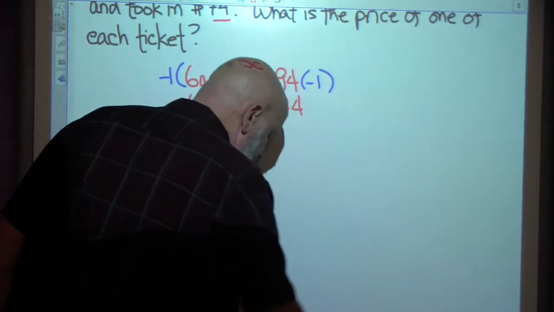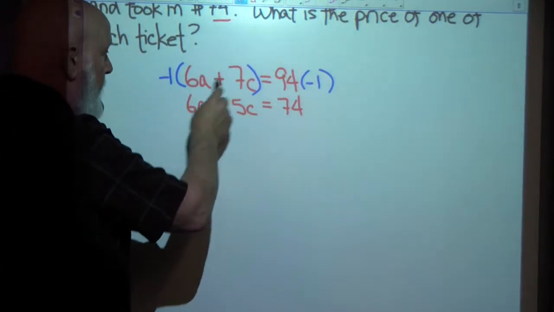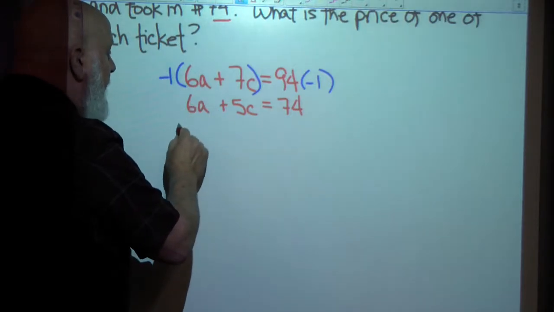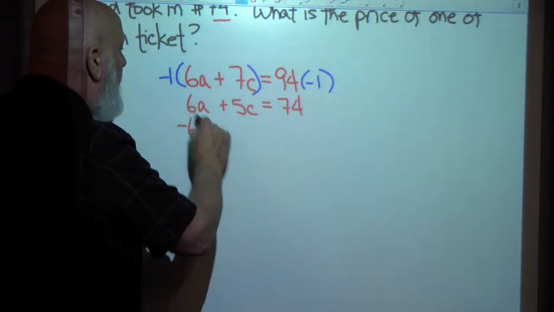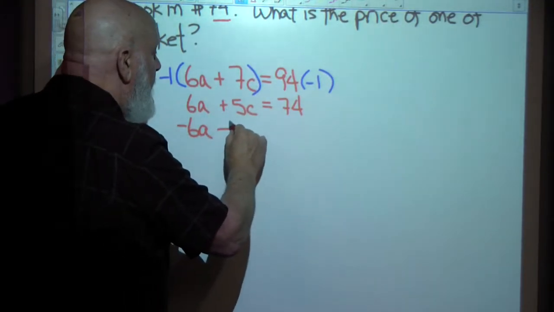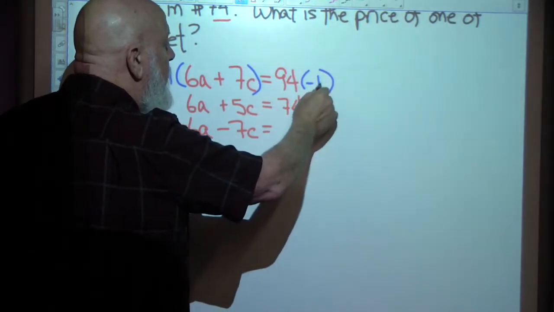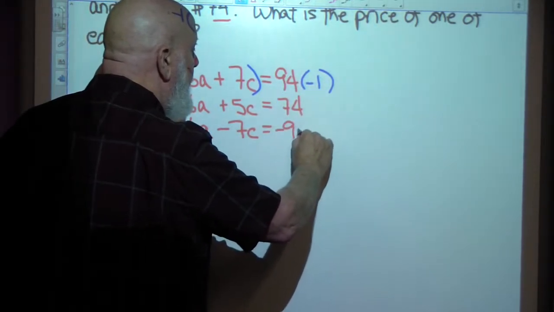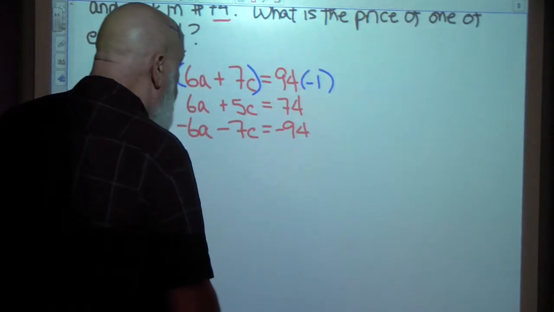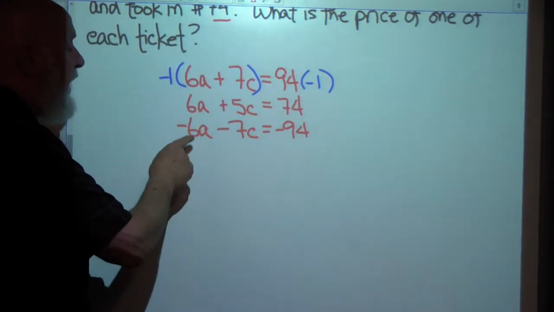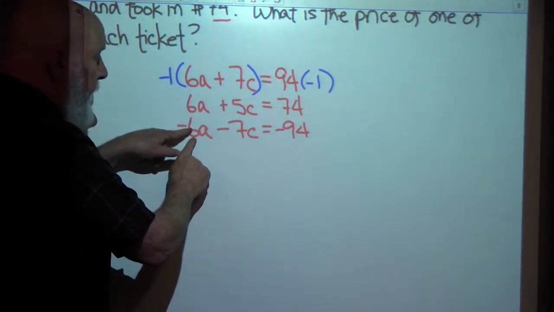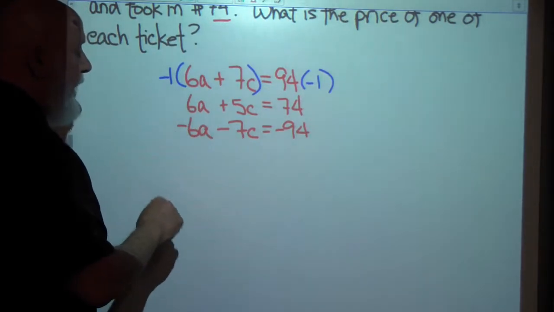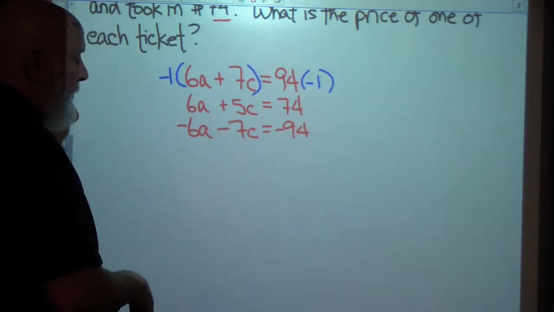That way the values of the variables don't change. So this is -6a minus 7c is equal to -94. There, that's step 1. Make the coefficients of either variable exact opposites. I chose to make these exact opposites because it's just a little quicker.